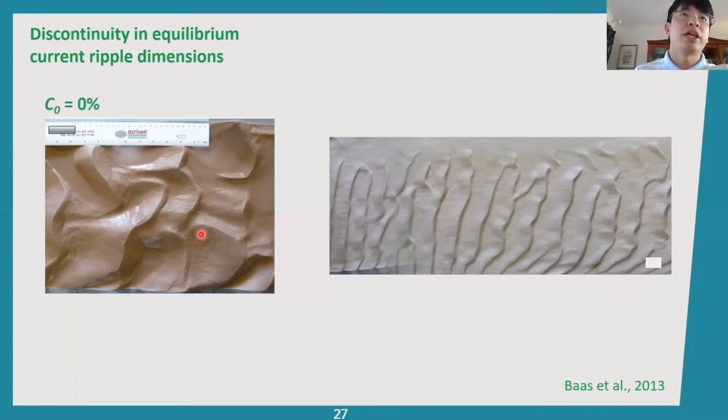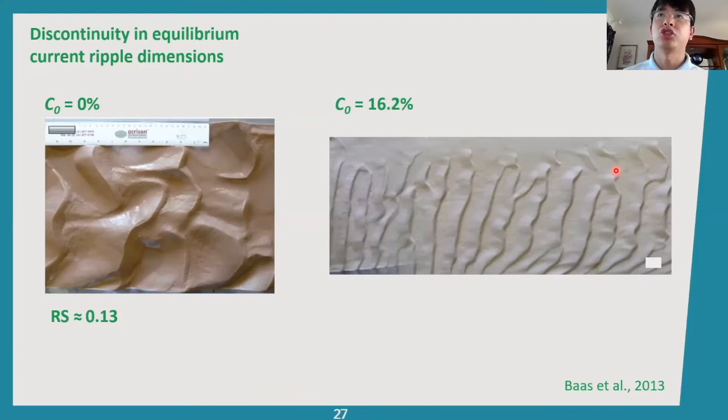They were three-dimensional and linguoid, with a ripple steepness of about 0.13. And the right one shows the planform geometry for an initial clay content of about 16.2%.